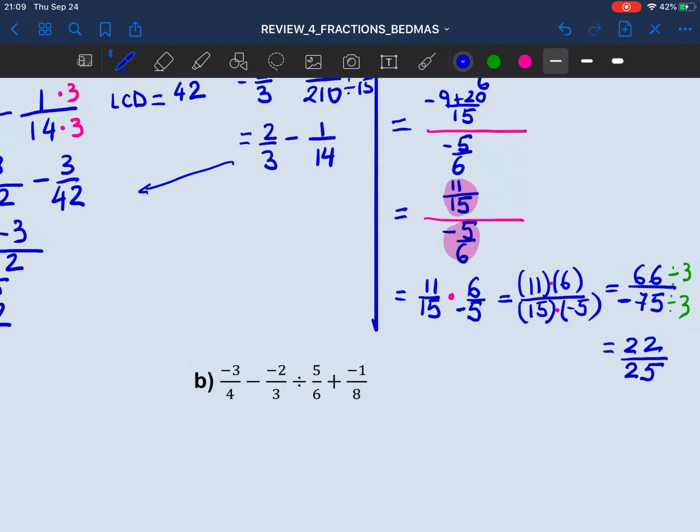And since we have a negative sign in here, that means that the answer will be negative. Let me write this a bit better. The answer will be negative. So negative 22 over 25 will be the answer to this question. Okay?